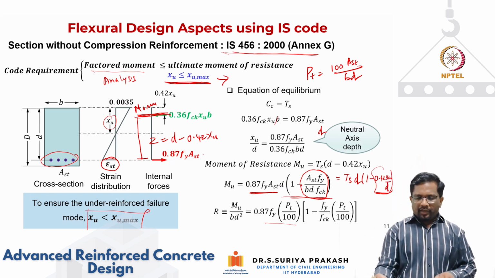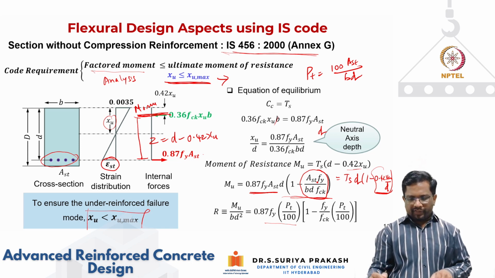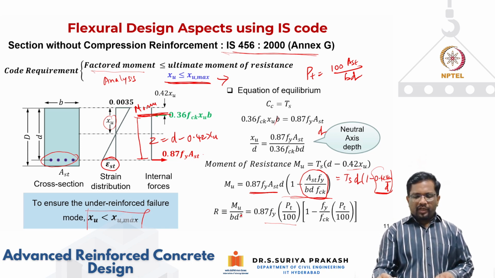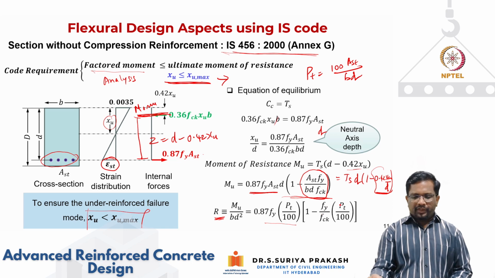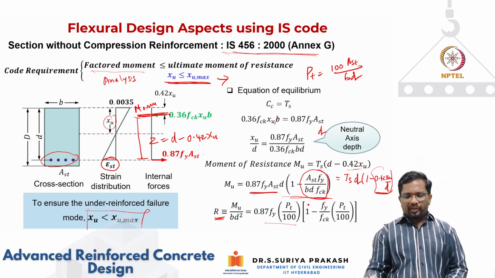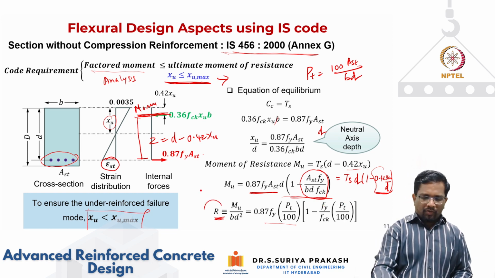Again, if I put back here, 0.42 Xu by D is nothing but Ast by BD times Fy by Fck. If you substitute that, I can express my R, the moment resistance, in terms of PT in the form of a quadratic equation, because when I take this PT, it becomes PT square.